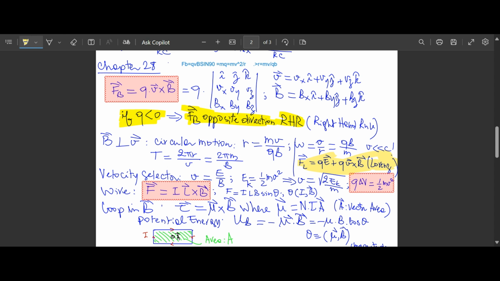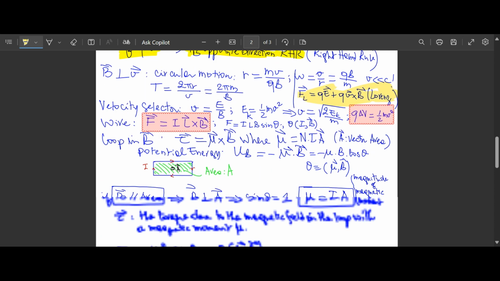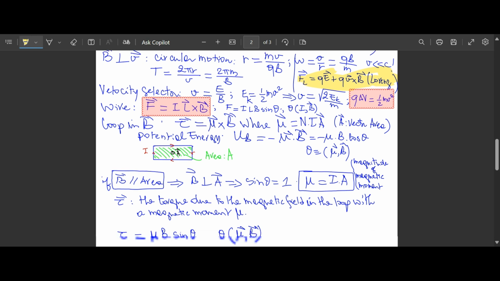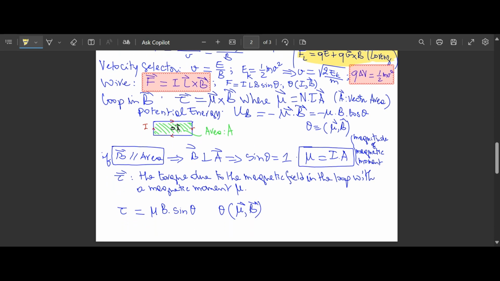Finally, we have defined in this chapter the magnetic moment of a loop, defined as mu equal to the current in the loop multiplied by its area, the vector area. It's a vector, mu. And we said that if we put a loop in a region where there's a magnetic field, it will feel a torque.